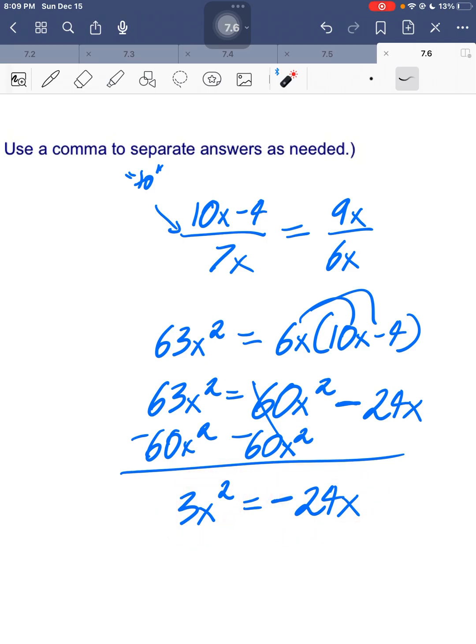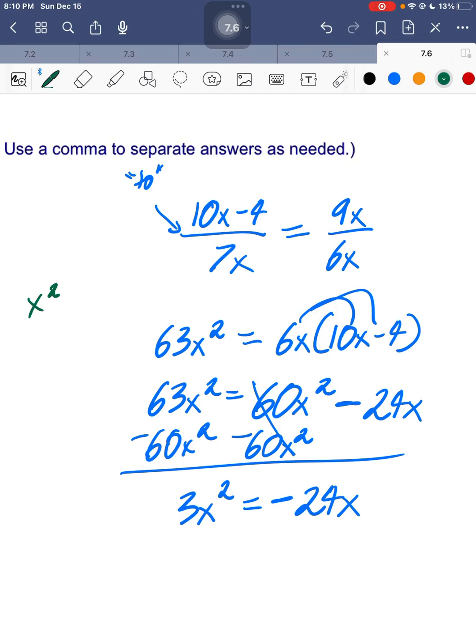One big problem that I see here is that I'm not going to be able to set any of these x's equal to a constant. So this kind of looks like the quadratic formula, except what's my constant? My constant is going to be 0.